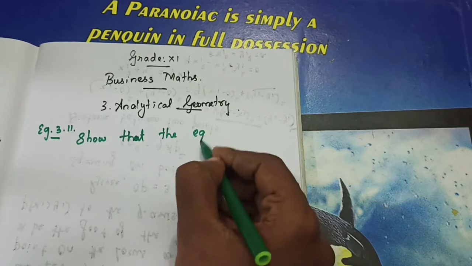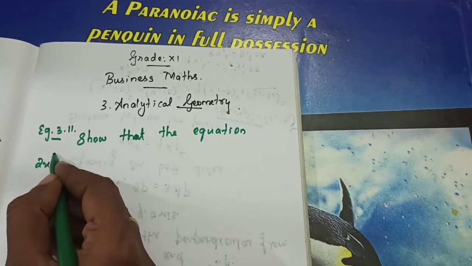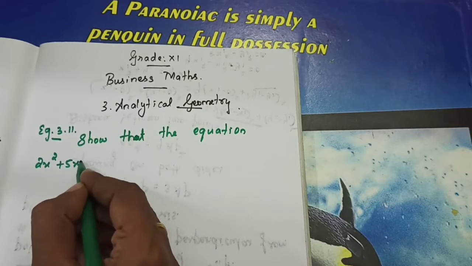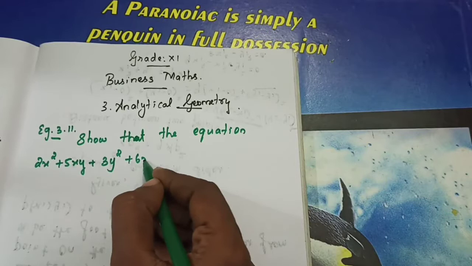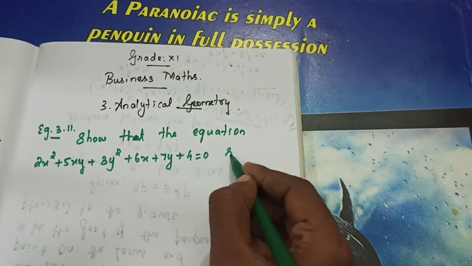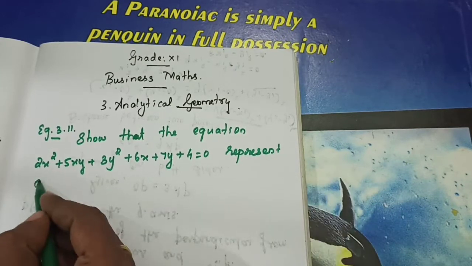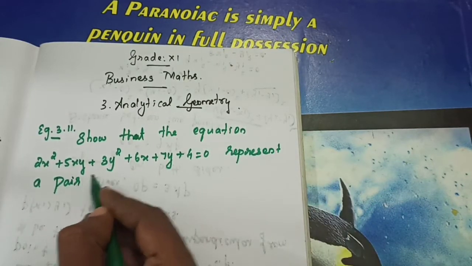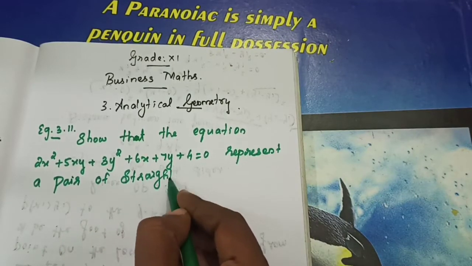Show that the equation 2x square plus 5xy plus 3y square plus 6x plus 7y plus 4 is equal to 0 represents a pair of straight lines.